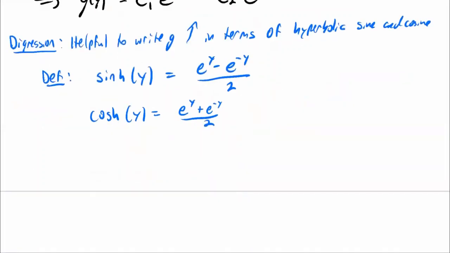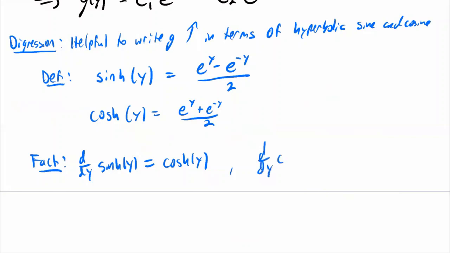And so you can check that if you take the derivative with respect to y of hyperbolic sine, this is hyperbolic cosine. So it behaves kind of like a trig function because you differentiate sine and you get cosine. And also, if you take the derivative of hyperbolic cosine, it doesn't give you minus hyperbolic sine, it just gives you hyperbolic sine.